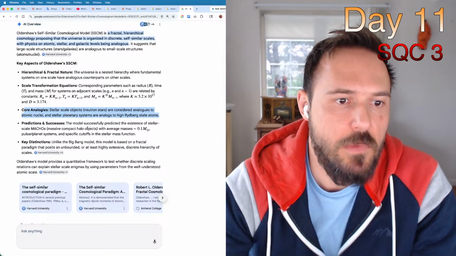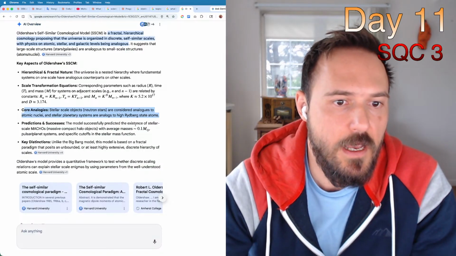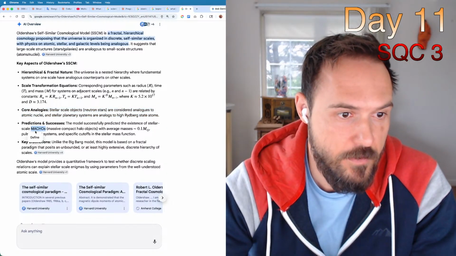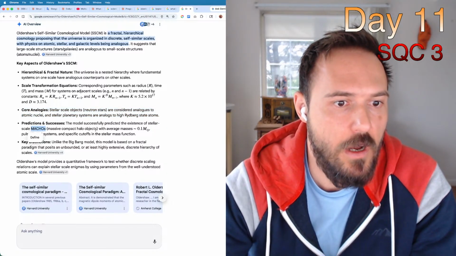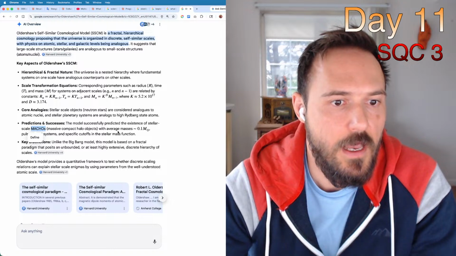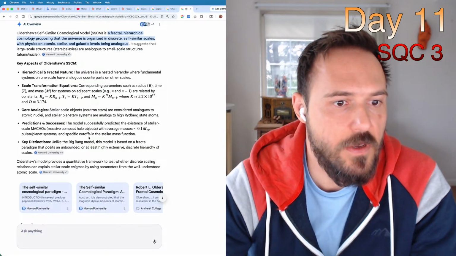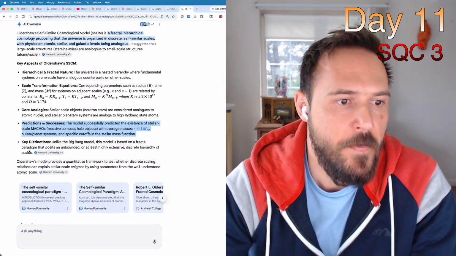Prediction and success. The model successfully predicts the existence of stellar scale MACHO, massive compact hollow objects with average mass of 0.5 solar masses, pulsar planet systems, and specific cutoffs in the stellar mass function.